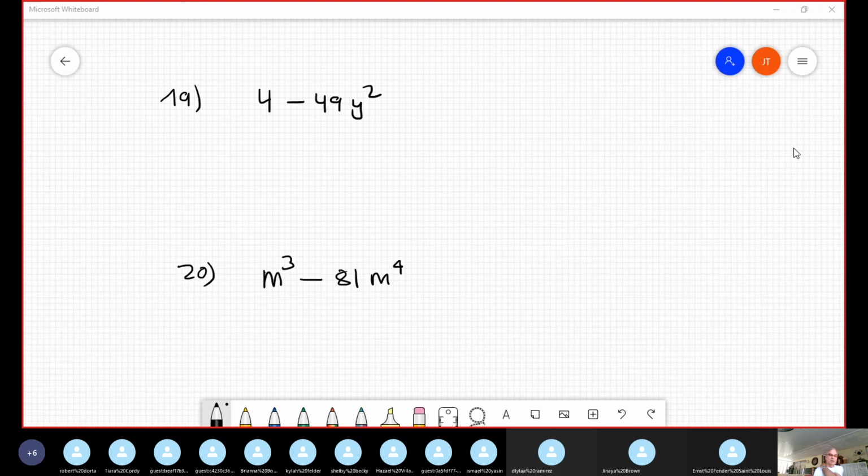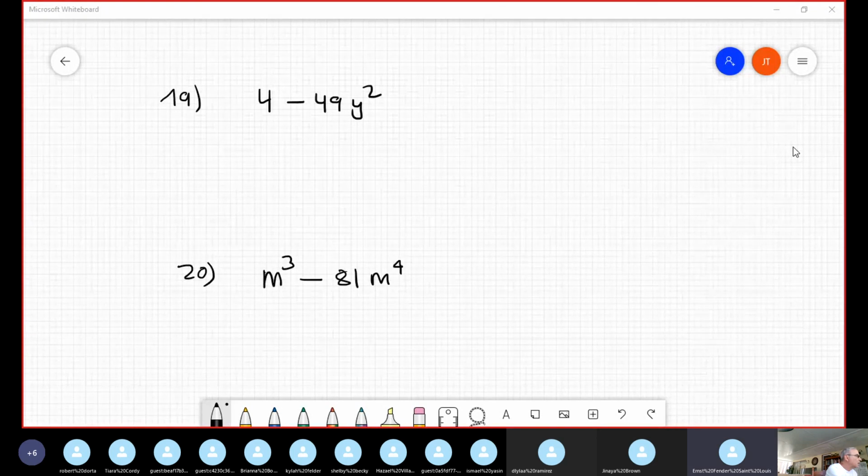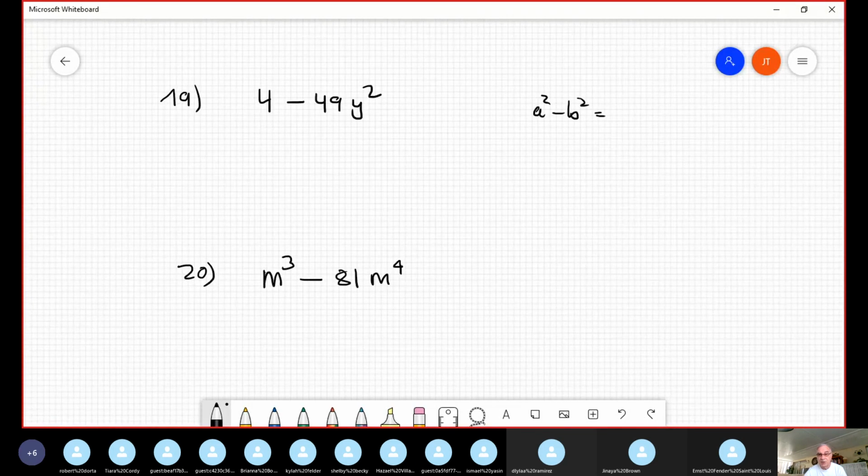Number 19 and 20. The 19 classification. What is this guy? Is this a binomial? But what kind of binomial? Difference of squares. Absolutely. So we're using the famous formula a squared minus b squared equals a plus b times a minus b.